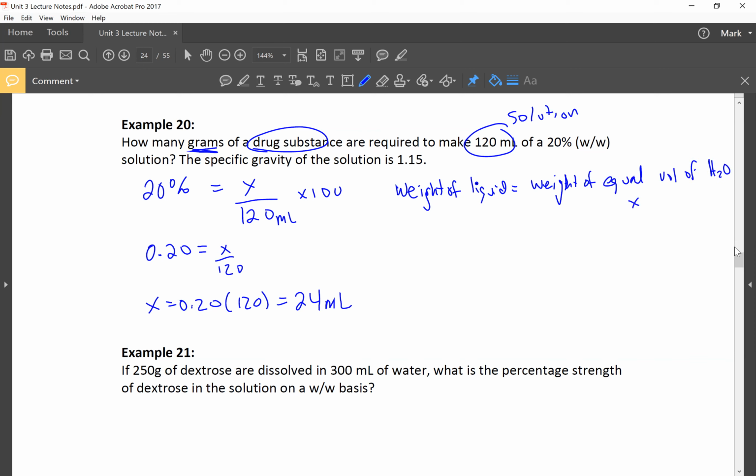Maybe I won't have to write it down every time, but anyways, and I'm multiplying it by specific gravity. Okay, that's all I'm going to write. So it's going to be 24 grams, and I'll explain where that comes from in a second. Multiplied by 1.15. Which is the sales tax in Canada, by the way, 15%. Well, the sales tax in my province in Canada, so where I'm from, this is how I calculate how much things cost, which I'm not looking forward to going back to this summer.